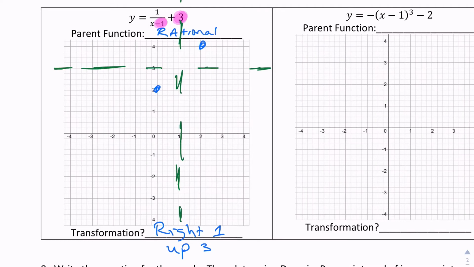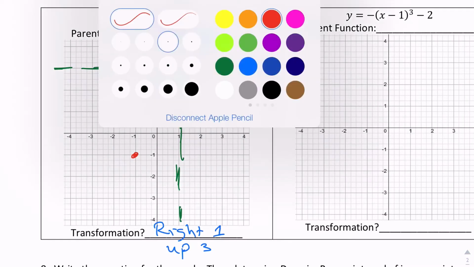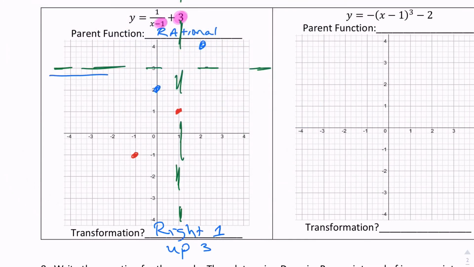My key points started right at 1, 1 and -1, -1, and they moved right 1 and up 3, right? So right 1, up 3, and that's where we land, and then we draw the graph. Sorry about switching colors on you there, but I had to use my snipping tool to move the asymptote, so it moved the dots with it as well.